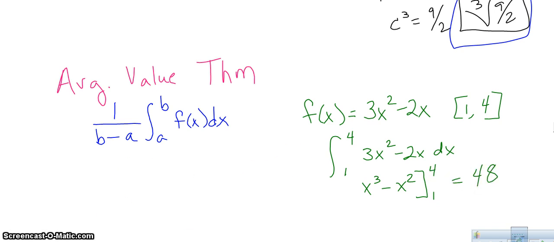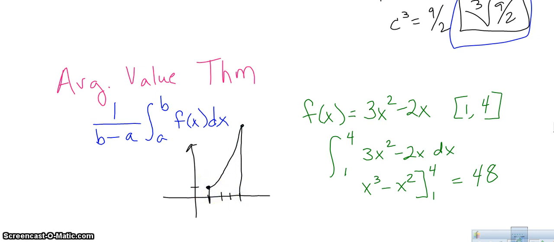So I have this function between 1 and 4. If I look at this at 1, I get 1. And at 4, this function would be at 40, so it's way up here. And it's a parabola that looks like this.